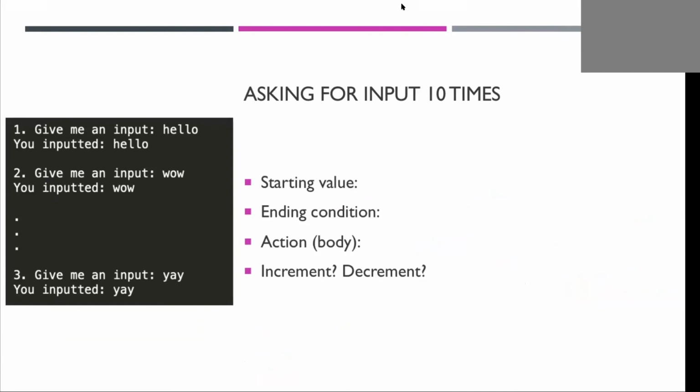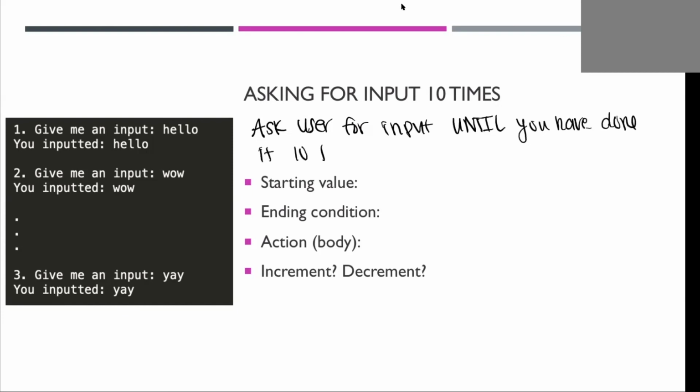So if we were to rewrite this task at hand, instead of asking for input 10 times, maybe you want to say, ask user for input until you have done it 10 times.